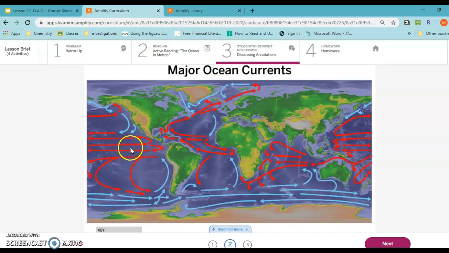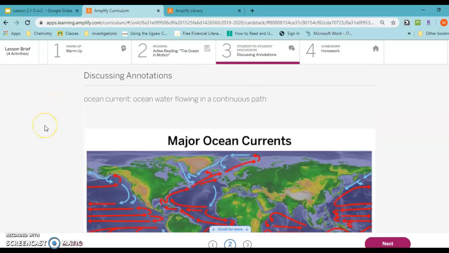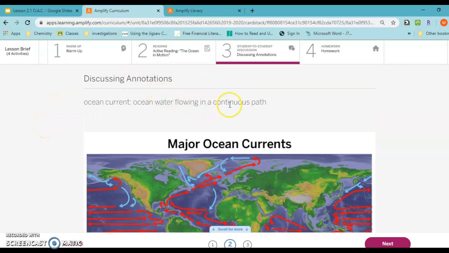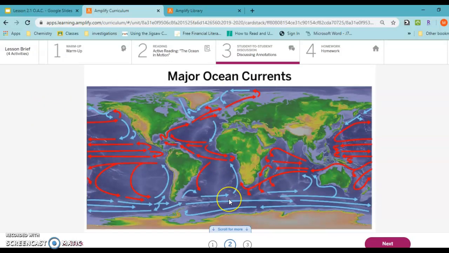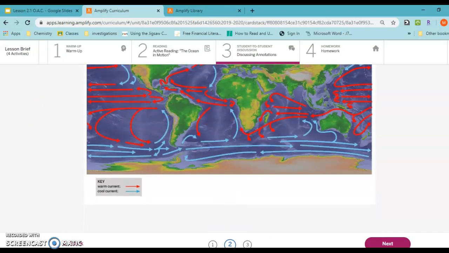Let me start somewhere at the beginning. You can see this water is flowing here and then flowing out over here. And if we just think of this kind of the globe, right, we're going to have to loop around, right? And so it's going here. So these continuous paths that our water is flowing, those are called ocean currents. So if you have your notebooks, I would get that definition down.